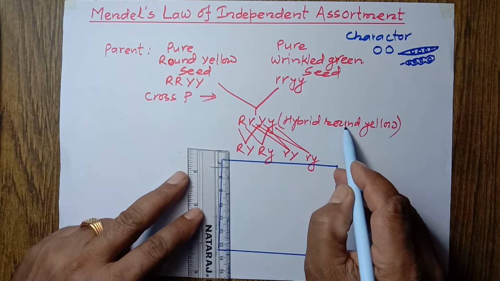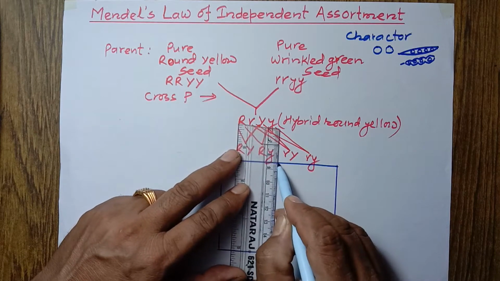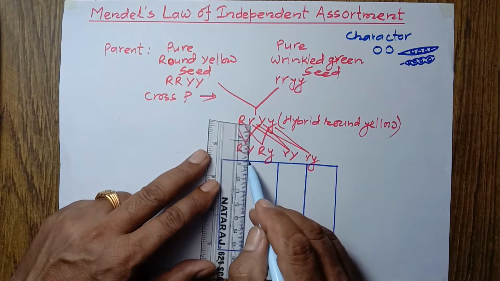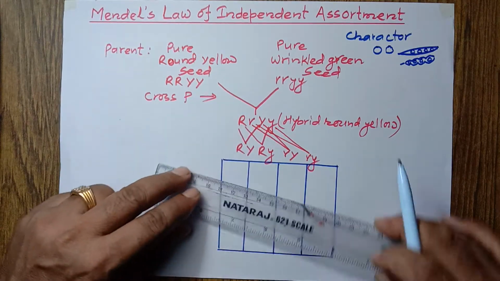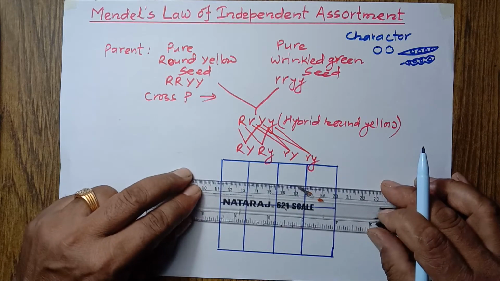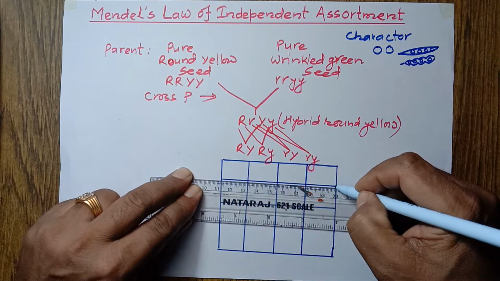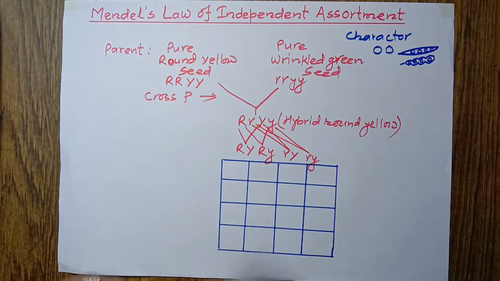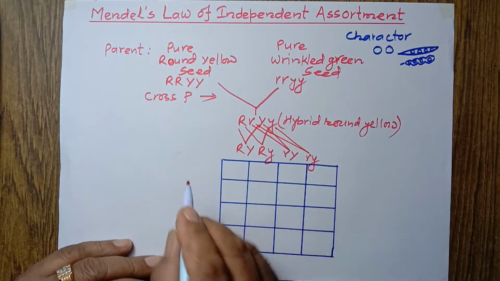This is the first generation. When two gametes combine with each other, they form a zygote, and it grows into another pea plant.